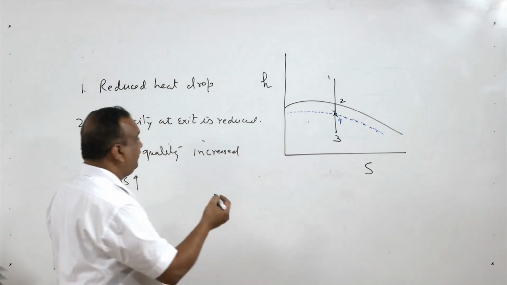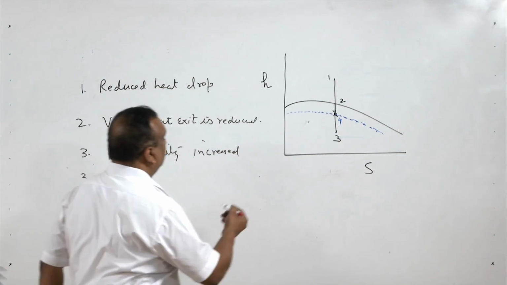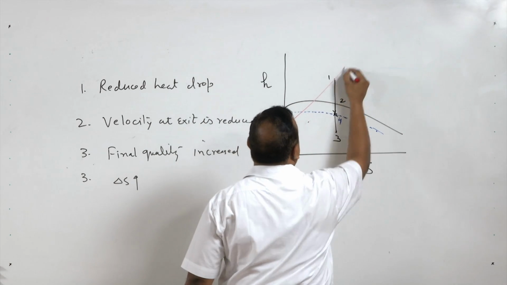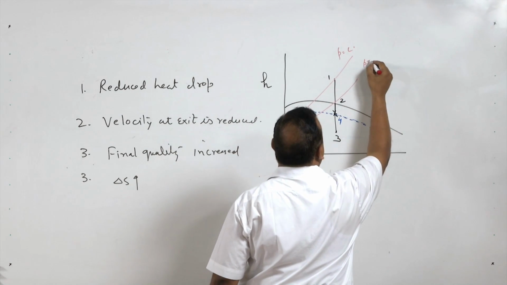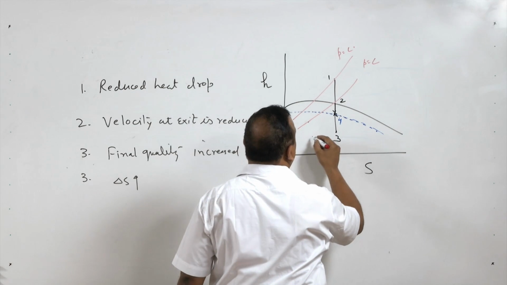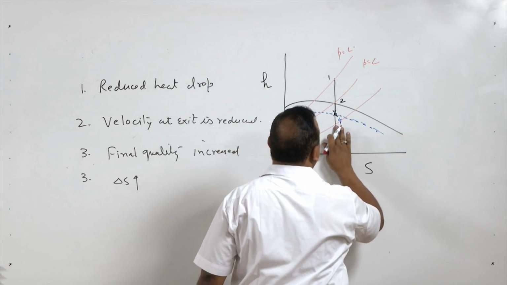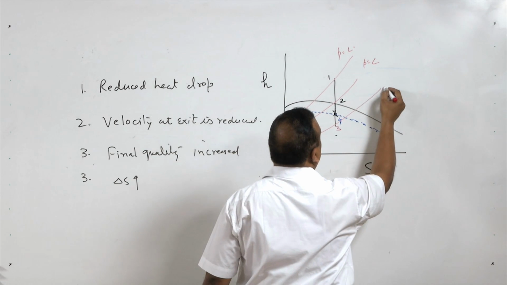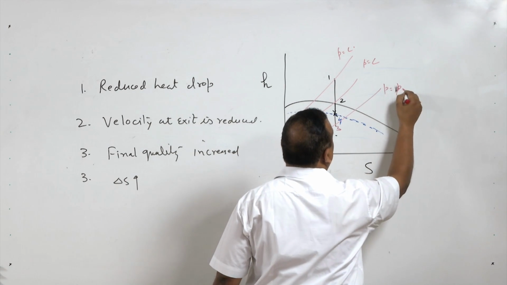If we draw the constant pressure lines on the graph, this is the constant pressure line, let us say this is state 3, so the constant pressure line is equal to P3.